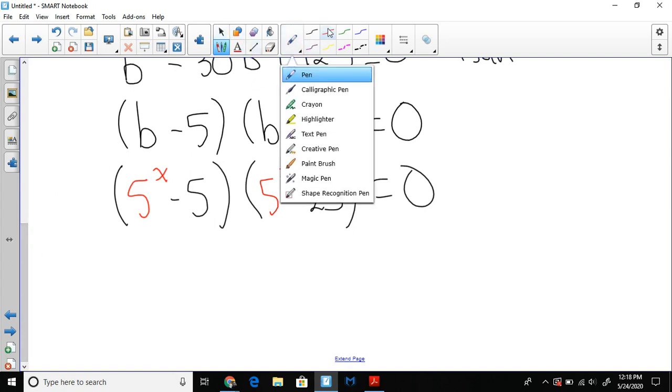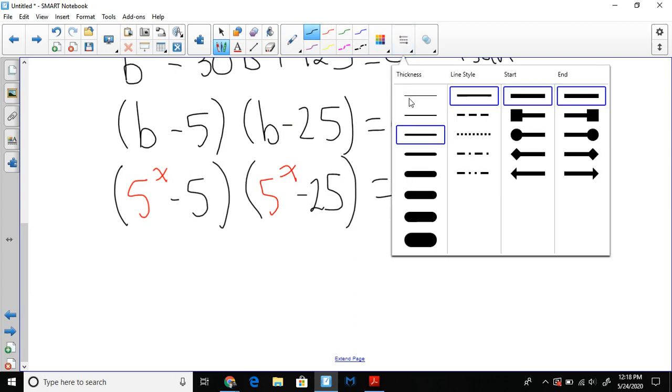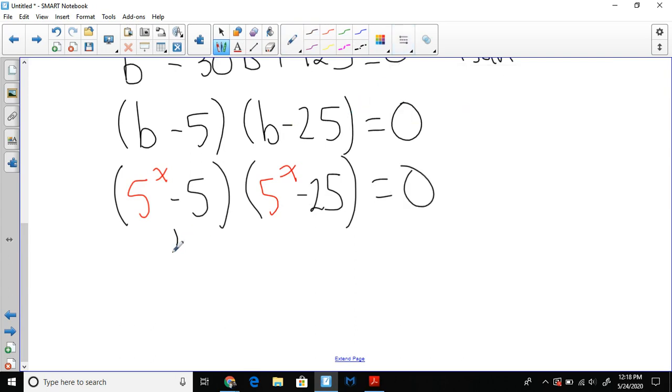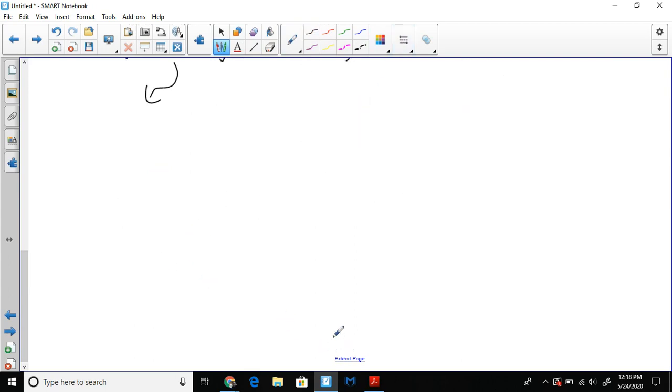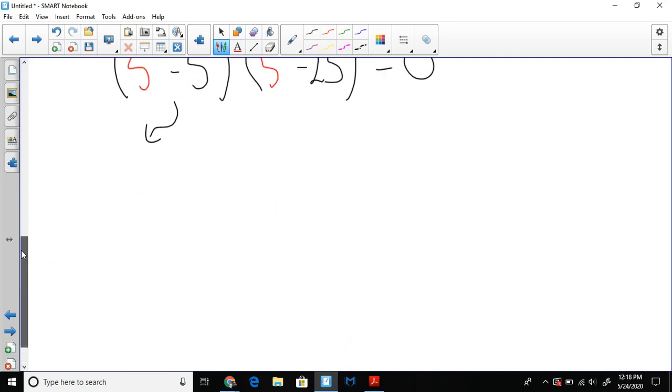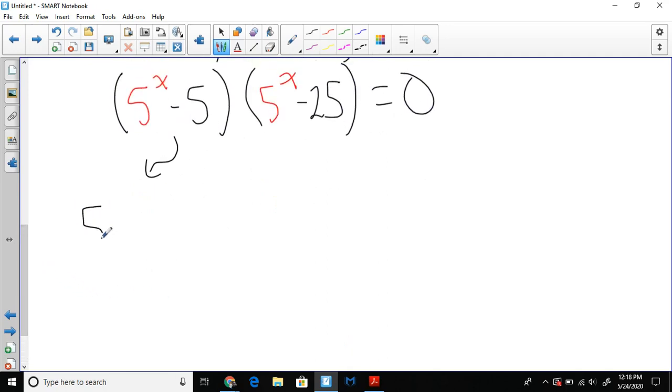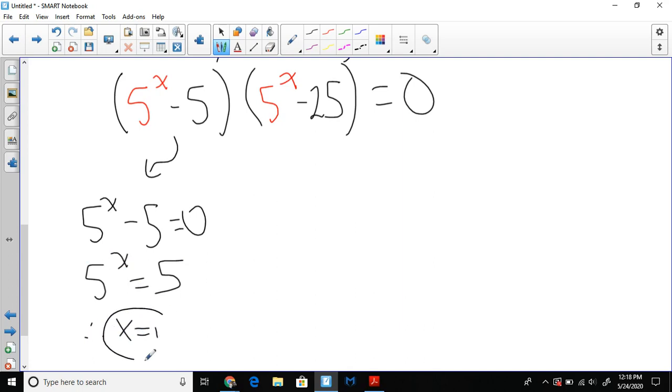And then I'm going to solve it just like I did before. So now we will solve one binomial. So 5 to the power of x minus 5 equals 0. Well, that's just 5 to the x equals 5. x is 1.